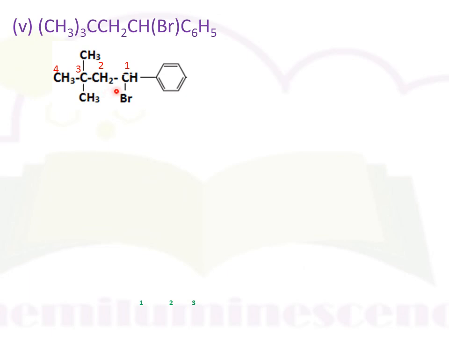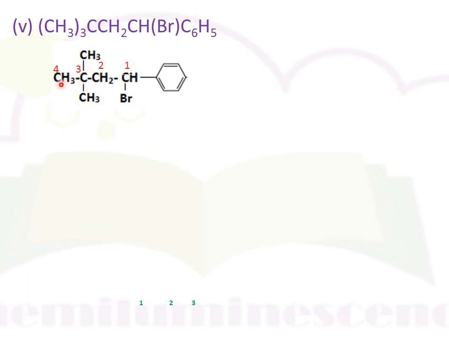Now write first the names of the substituents. At the first position bromine is present, hence 1-bromo. At the first position benzene is present, hence 1-phenyl. And at the third position two methyls are present, hence 3,3-dimethyl.